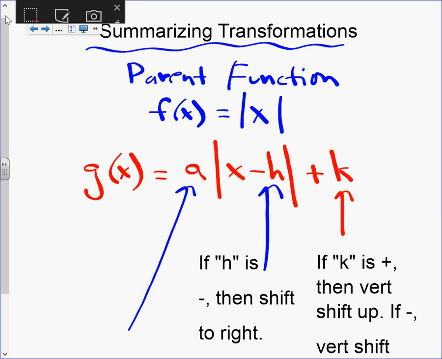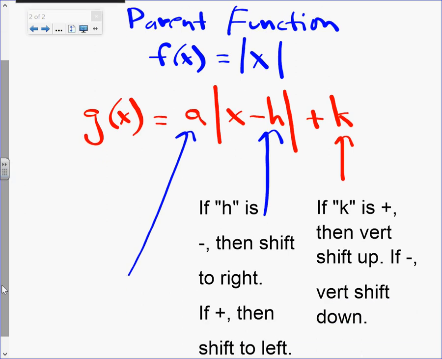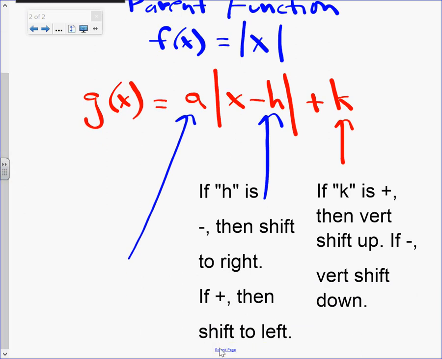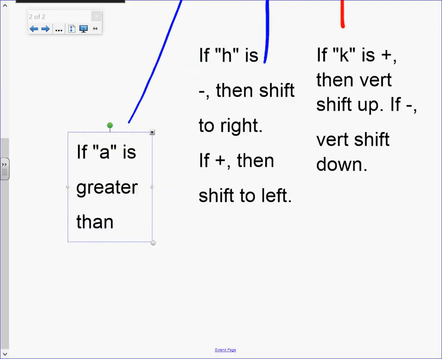So underneath a now, we're almost done. Not going to have a long note session today. Here we go. So for a, I'm going to write, if a is greater than 1, vertical stretch.